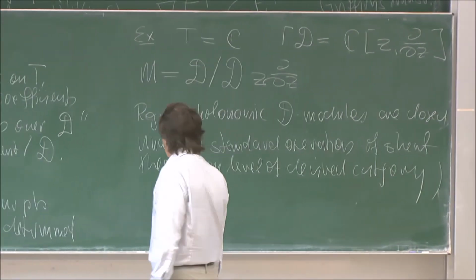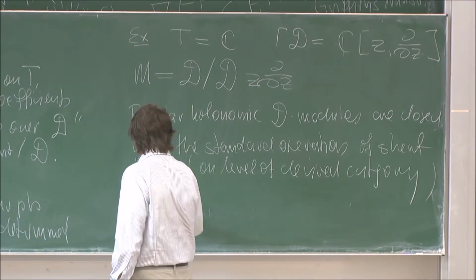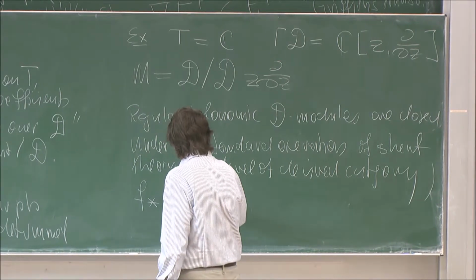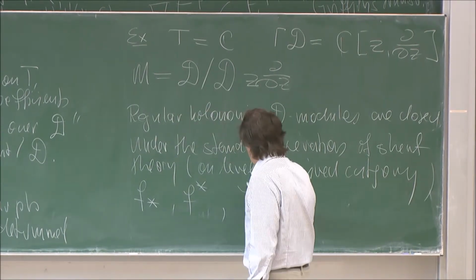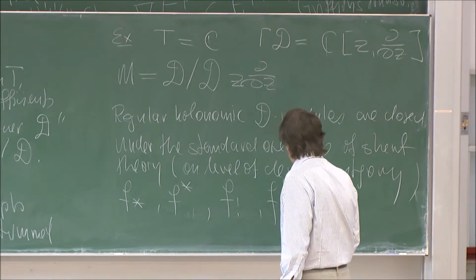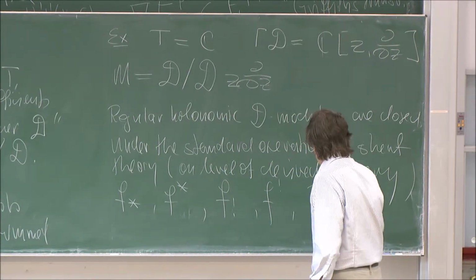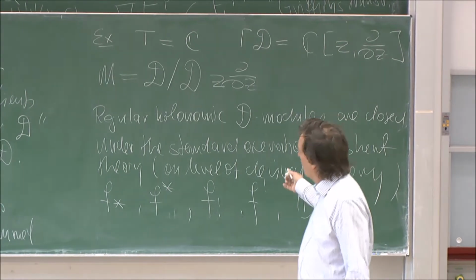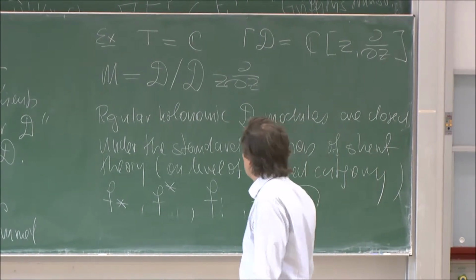Namely, if F is an algebraic map, then F has direct image, inverse image, direct image with proper supports, inverse image with proper supports, and Verdier duality. So all of these can be defined in this setting.